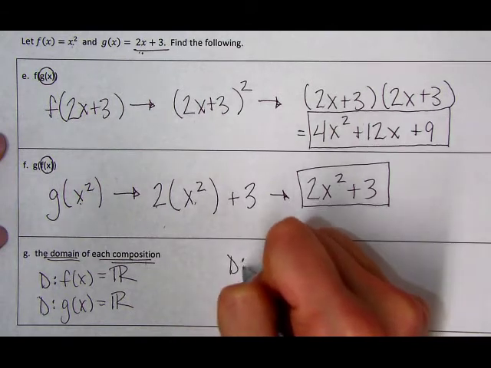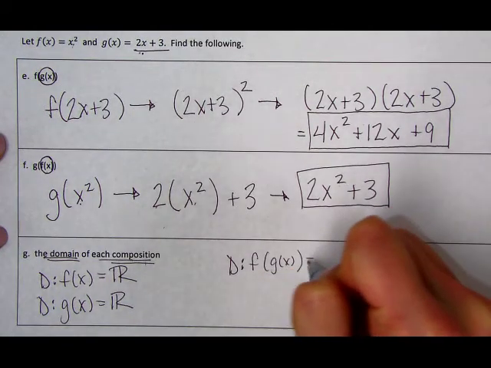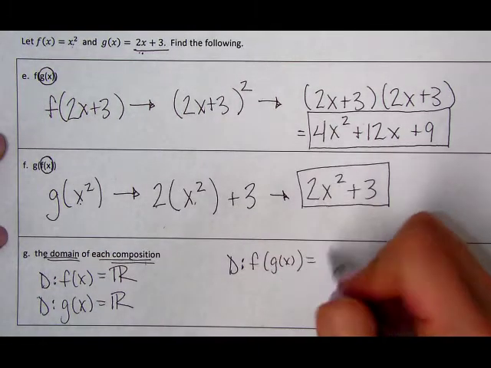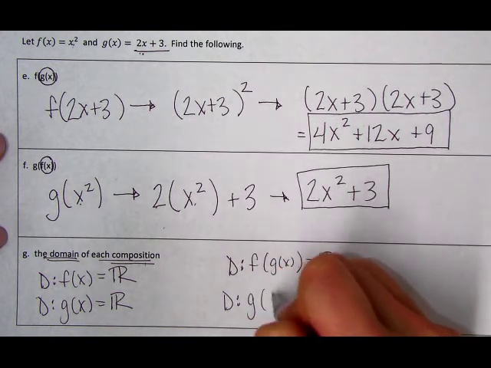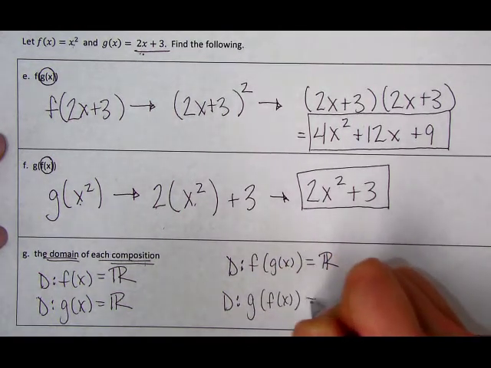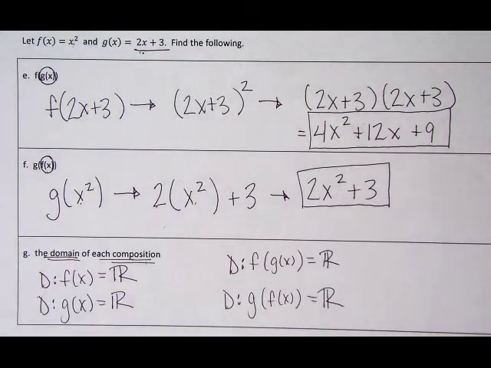Therefore, my domain for f of g of x, I'm not dealing with any division here, so that's going to be all reals. And my domain for g of f of x, I'm not dealing with division here either, so it's all reals for my domain for that composition. So that gets you through letter G.